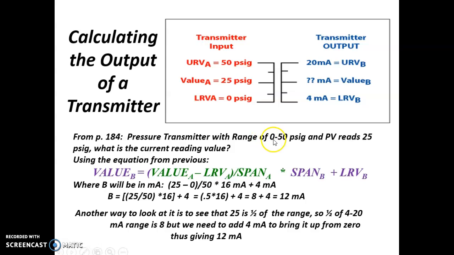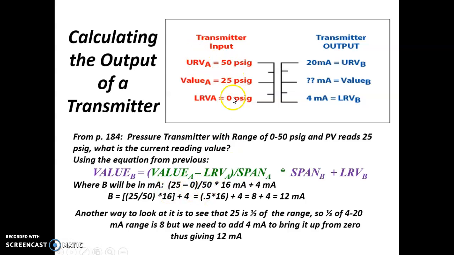The pressure transmitter is ranged from 0 to 50 psig. Its current process variable reading is 25 psig. What is the current coming out of the transmitter? We're going to solve for value B in milliamps. So value B is equal to value A, the current value of 25 psig, minus the lower range value, which is 0. So 25 minus 0. We take that number and divide it by the span.